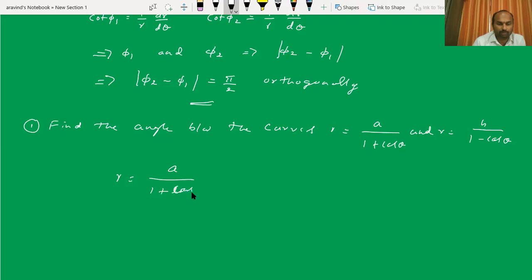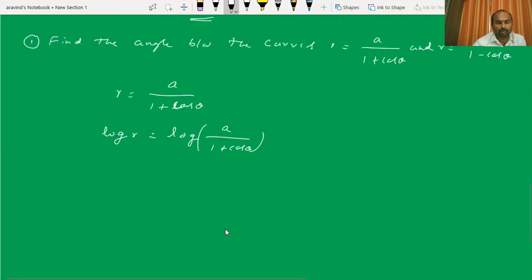Take logarithm on both sides, that is log r is equal to log of a by 1 plus cos theta. So we'll apply the law of logarithm on the right hand side, this is of the form log m by n.